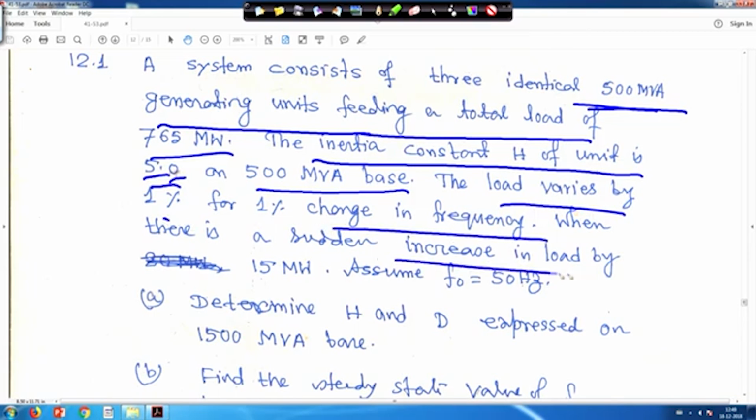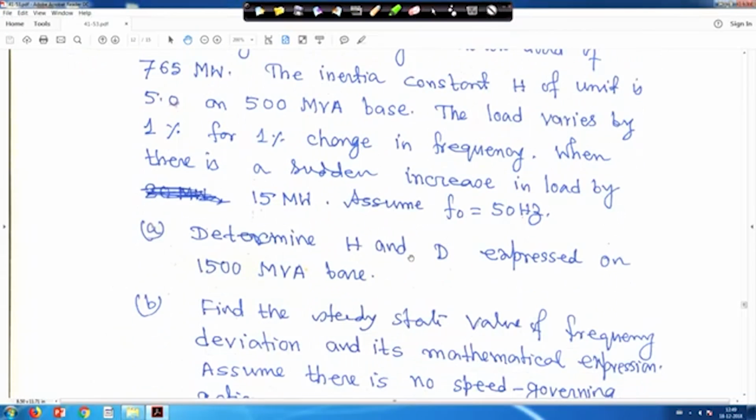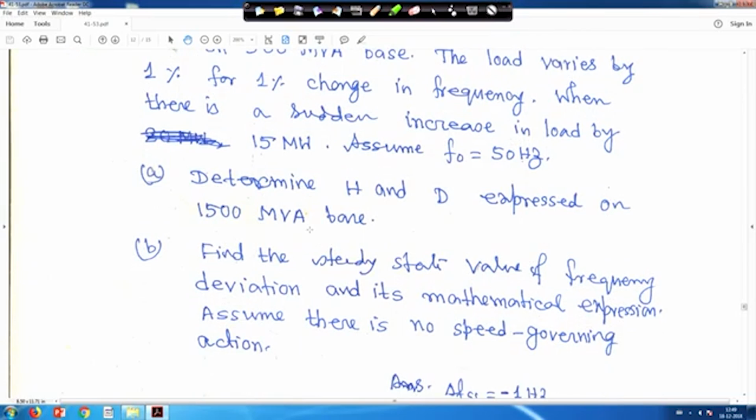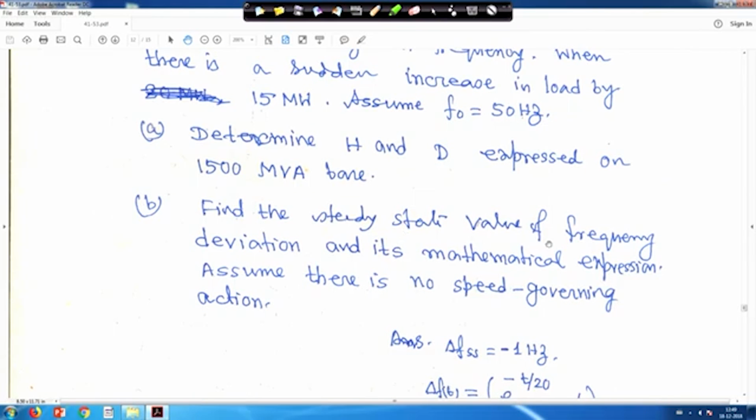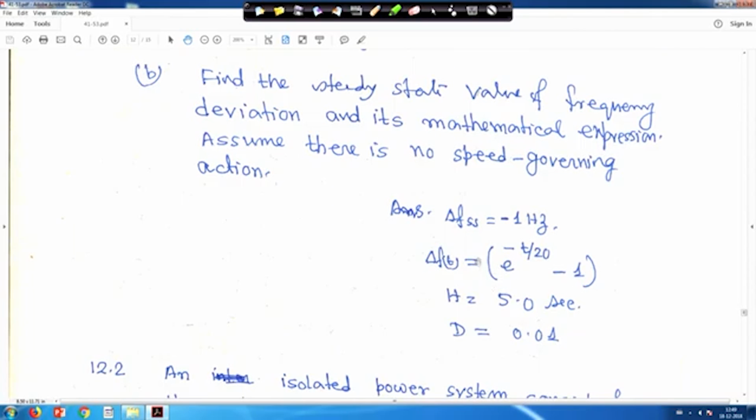When there is a sudden increase in load by 50 megawatt, increase in load means that frequency will decrease, assume F0 is equal to 50 hertz. So, you have to determine H and D expressed on 1500 MVA base, and second, find the steady state value of frequency deviation and its mathematical expression, assuming there is no speed governing action. One example we have seen. So, you will derive this and find this out, and this is the actual answer.